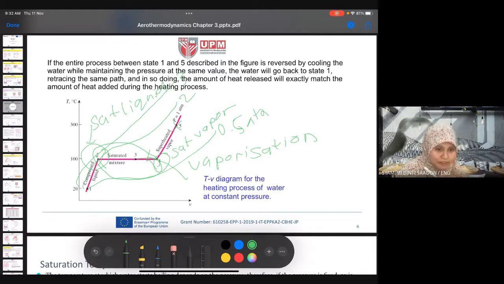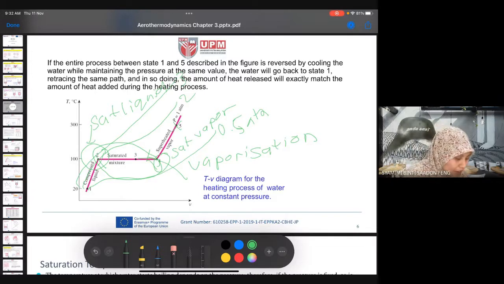There's always a bit of energy loss or pressure loss along the way, so the temperature and pressure might change a bit, not exactly maintained at 100 degrees Celsius. That's the ideal case. During the vaporization process in the ideal case, we assume the temperature is exactly 100 degrees Celsius and the pressure of the water is 1 atmosphere.